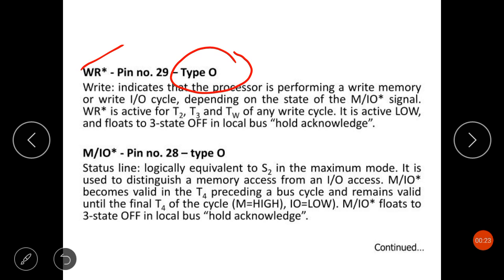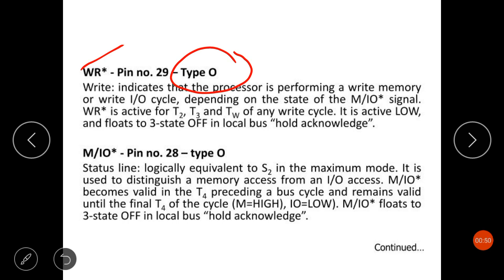It is used to distinguish memory data transfer whenever the M/IO bar pin is high, and input output data transfer whenever M/IO bar is low. So again I am repeating, whenever M/IO bar is low, it means input output data transfer is taking place, and whenever M/IO bar is high, it means memory data transfer is taking place.